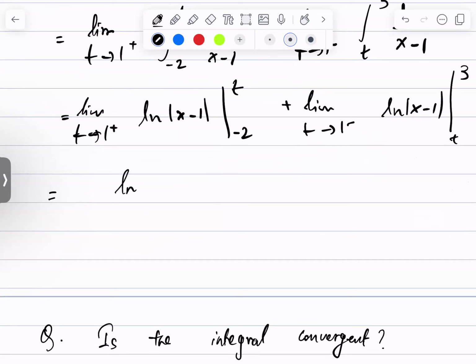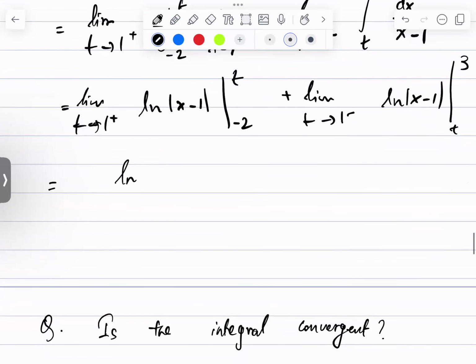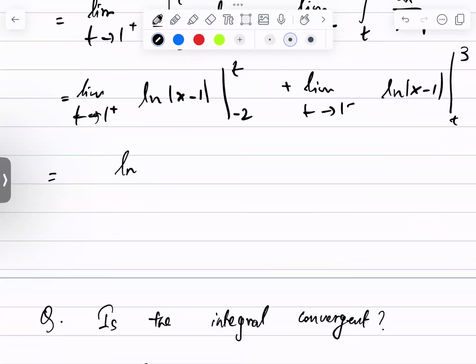And then if I write that down, it should be ln modulus of t minus 1. And then if you put negative 2 there, you should have minus ln 3, right? Modulus is there, so minus 3 will become plus 3, right?